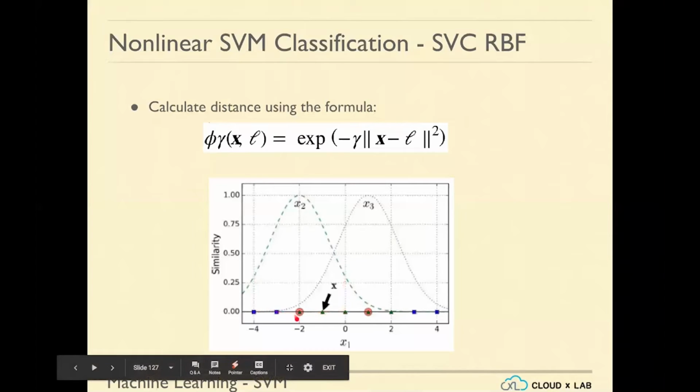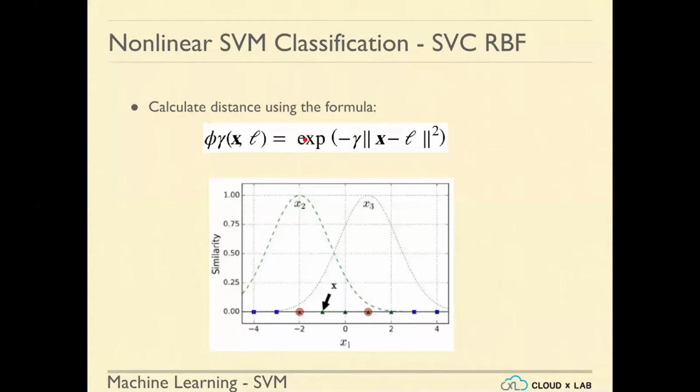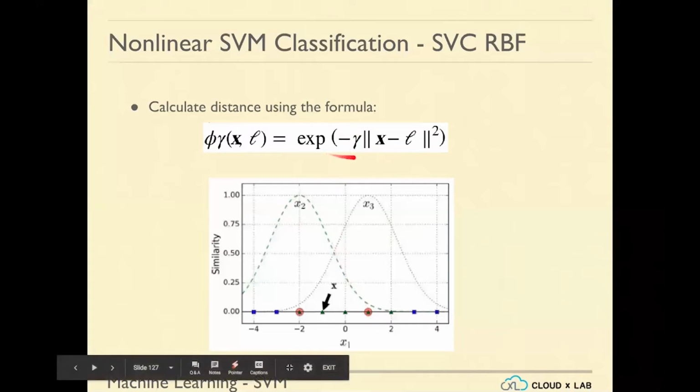So what we did was calculate a kind of similarity with respect to the distance from the data point, and that came out like this. Instead of keeping it straight, linear, we're using this formula whereby we first calculate the distance x minus L, and then square it. Gamma is our hyperparameter, which we can tweak. So we computed the distance and did the exponent.